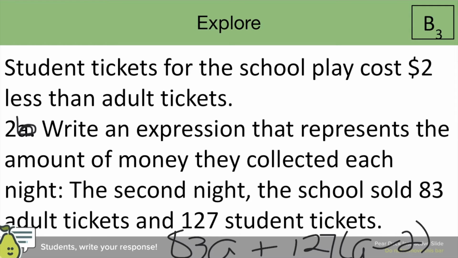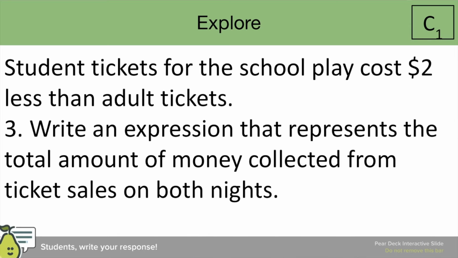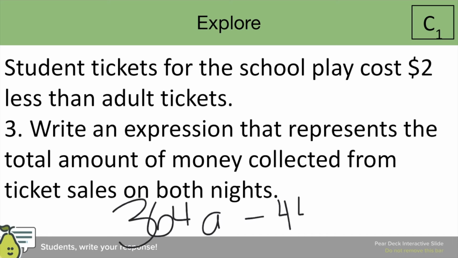Alternatively, they can write 83A plus 127A minus 254, or 210A minus 254. Question C asks, write an expression that represents the total amount of money collected from the ticket sales on both nights. Students can write 364A minus 442 or its equivalent.